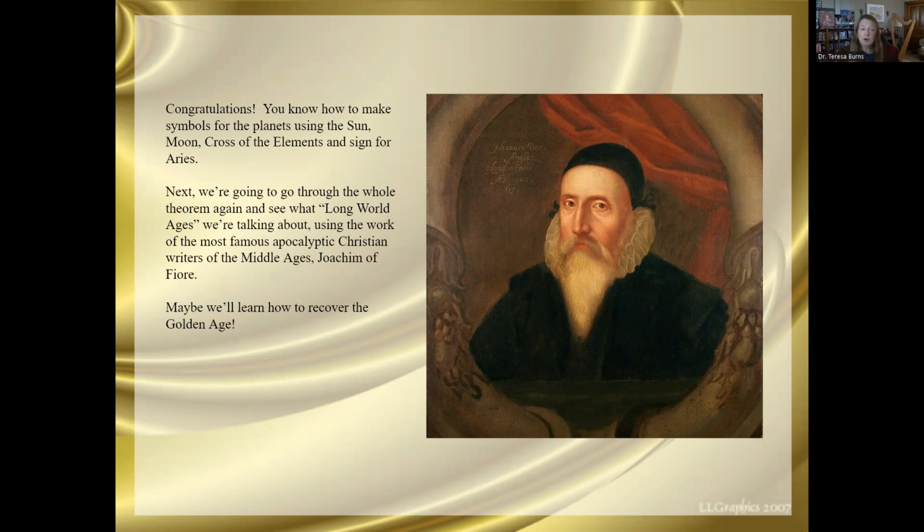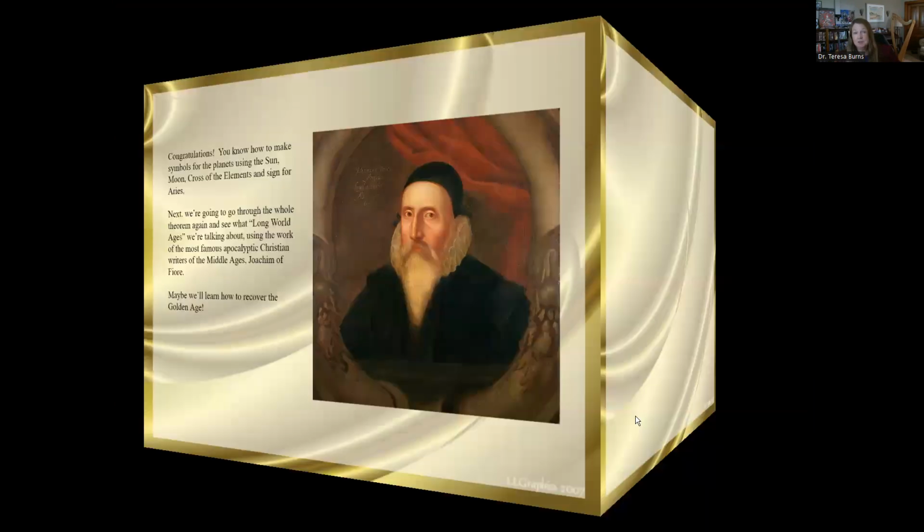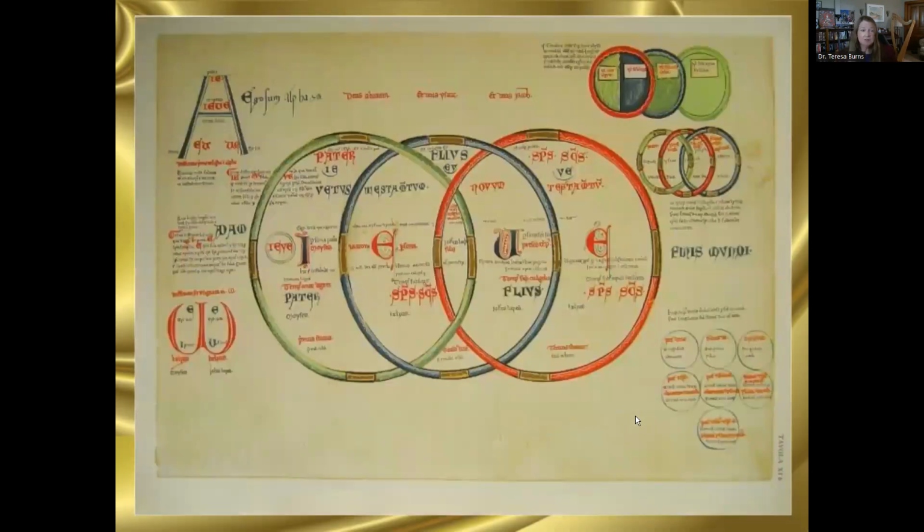Next, we're going to go through the whole theorem again and see what long world ages he thinks we're going to be talking about, and we're going to use the work of the most famous and numerologically number-loving apocalyptic Christian you perhaps have ever met, Joachim of Fiore. So maybe we'll learn how to uncover the golden age, but if we don't, at least we'll see some cool eye candy like this graph.